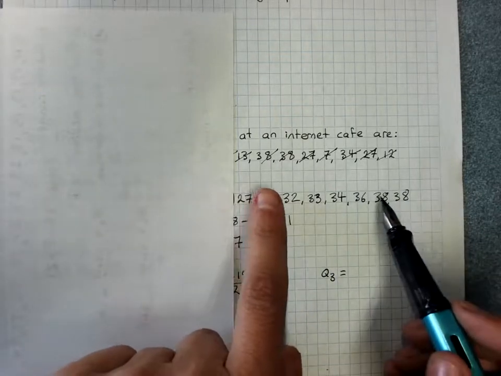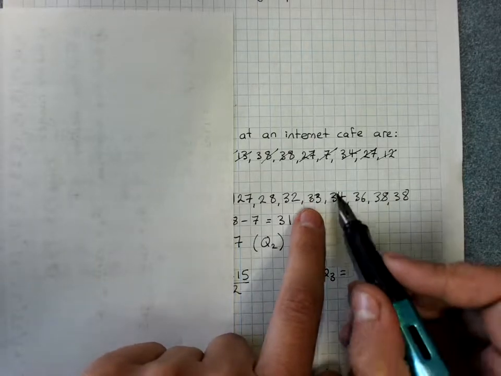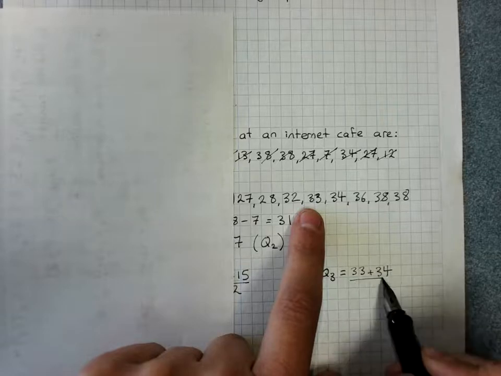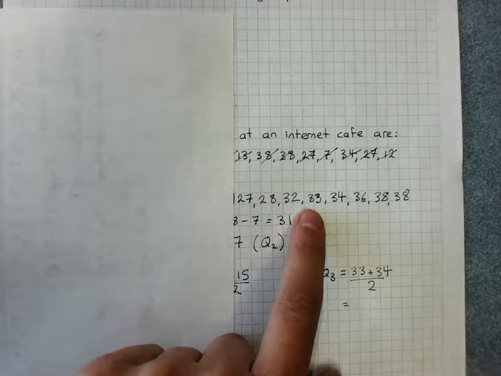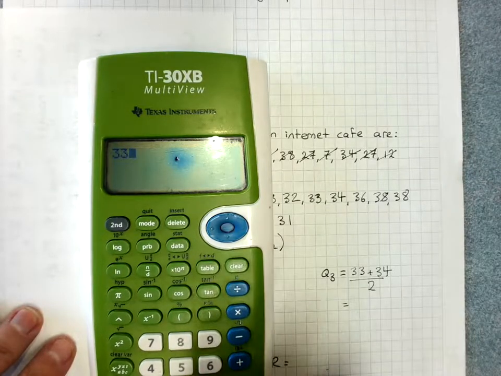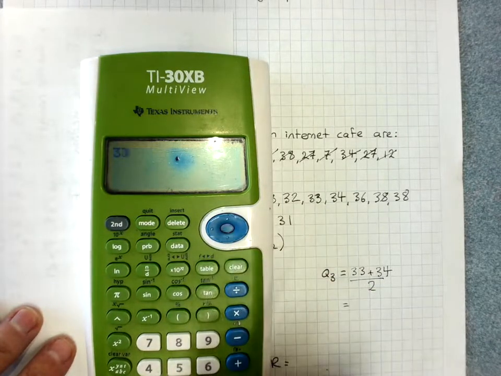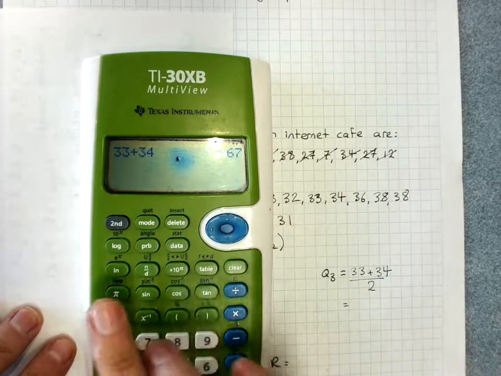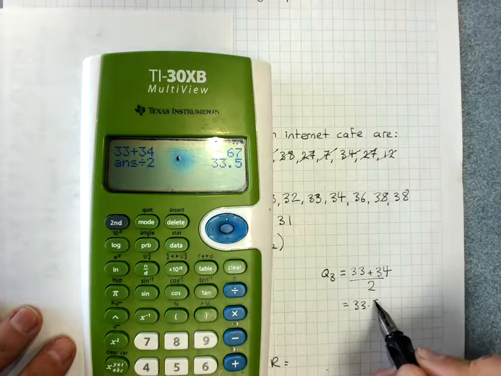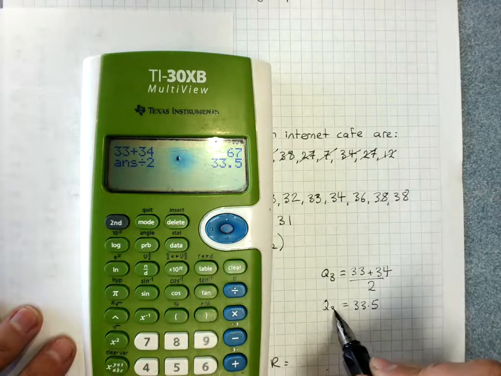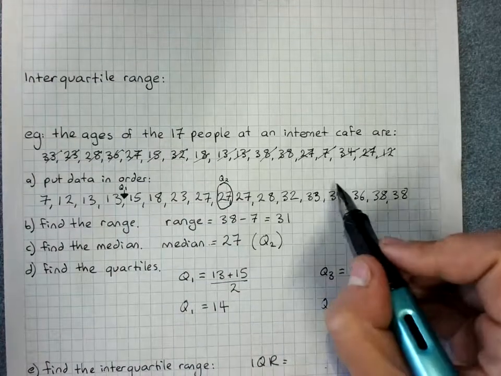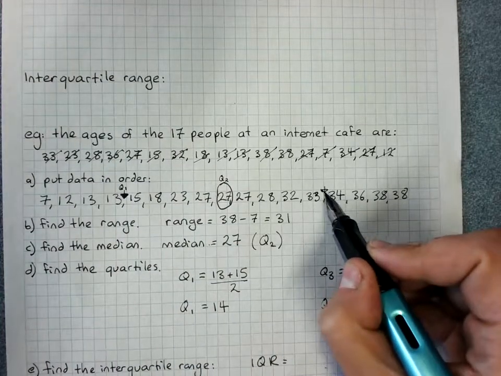Again, it's going to be halfway between the 2 middle scores, 33 plus 34, divided by 2, and you can use your calculator if you need to. 33 plus 34, hit enter to get that answer, then divide by 2, and of course that's 33 and a half, 33.5. So that's how you find the quartiles, and let's pop that in between 33 and 34.